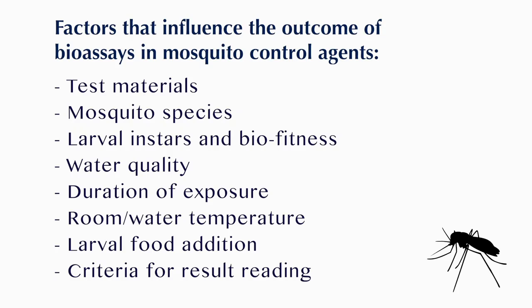Last, the criteria used for assessing the effect of the control agent on the larval mosquitoes is important. Typically, mortality is the criterion used. However, for IGRs, inhibition of eclosion to the adult stage is one of the criteria used to evaluate the effectiveness of mosquito control. Based on the bioassay data results, we can now determine the correct dosage of mosquito control agent for effective control.